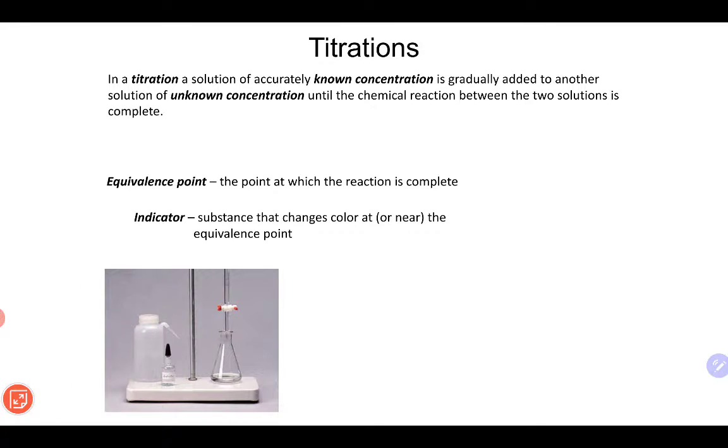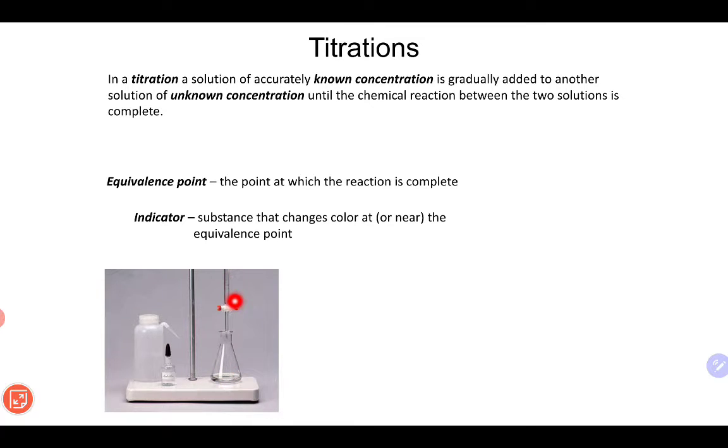So the typical titration that's done in introductory chemistry is an acid-base titration, where we start out with a base in a device called a burette, and this is just used to measure volume very accurately. So we have a solution in the burette that we know the concentration of, and then we have a carefully measured amount of the unknown solution in a flask that we don't know the concentration of.